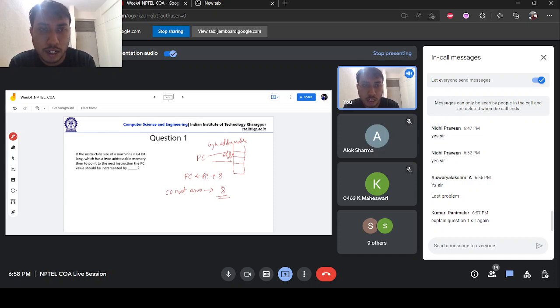So the PC address will get incremented from 0 to 64. Since it is byte addressable, we write the 64 as 8. So the PC value will be PC plus 8. Now it is clear.